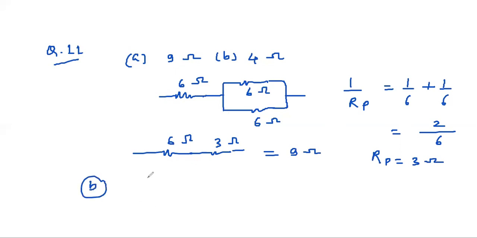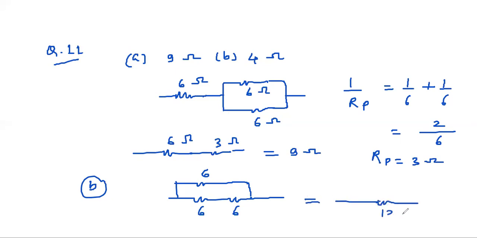Now to get 4 ohm, second part, so we can do one thing. We keep 2 resistances 6 6 in series in parallel with 1 6 ohm resistor here. So now these are in series, so equivalent resistance will be, this is 12 ohm and this is 6 ohm, and then we evaluate it.